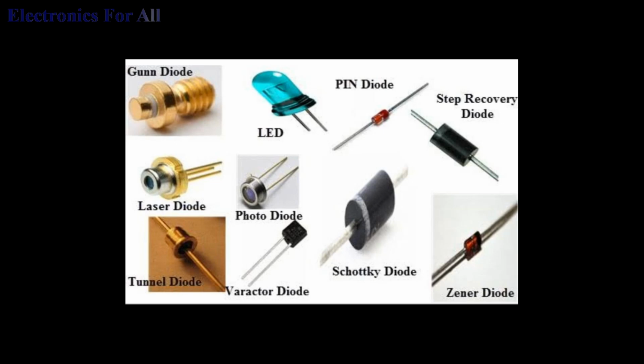Step recovery diodes. Tunnel diodes. Varactor diodes. PIN diodes. Laser diode. Transient voltage suppression diodes. Gold doped diodes. Super barrier diodes. Point contact diodes. Peltier diodes. Gunn diode. Vacuum diodes. Avalanche diode. Crystal diode.